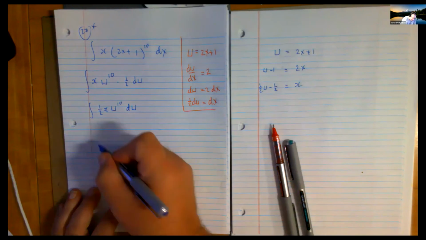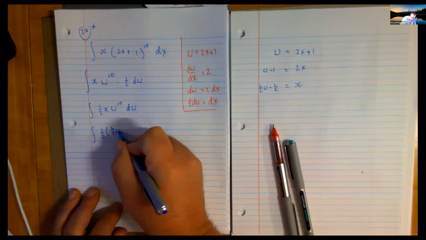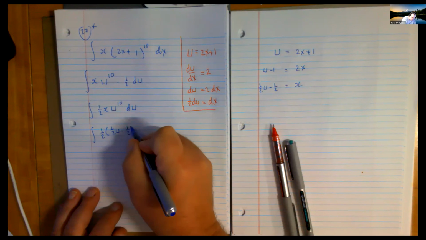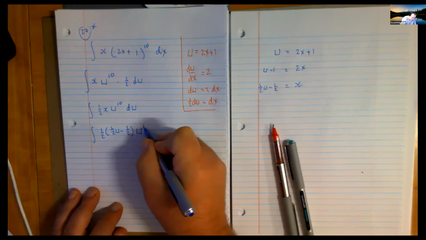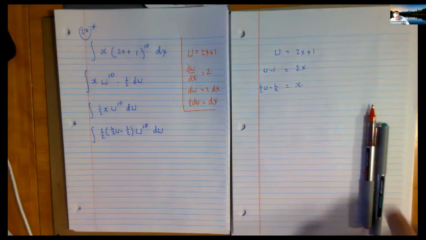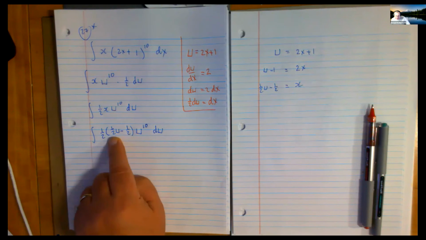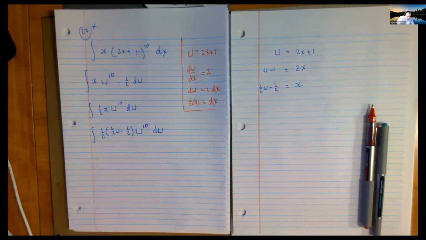Which means that we can now do 1/2, replace the x by a half u, take away 1/2, multiply that by u to the 10 du. So that x became, or got replaced by this fella. Okay.